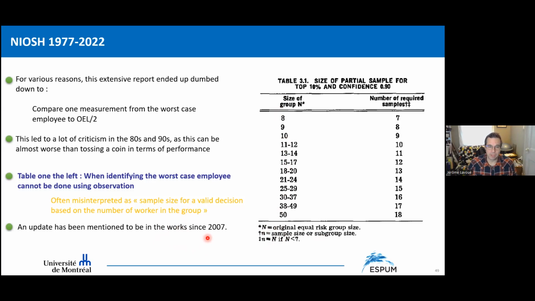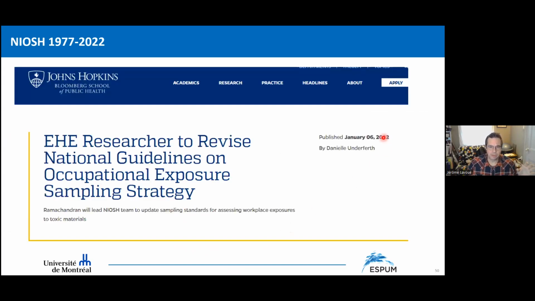And in 2007, there was a workshop, and there was some communication internationally that this recommendation from NIOSH was being updated, and then there was silence, let's say. And then in 2022, I saw a publication that a quite famous researcher in our field, Gurumurthy Ramachandran, was leading a team to update the guideline, and that it would be done within the year.